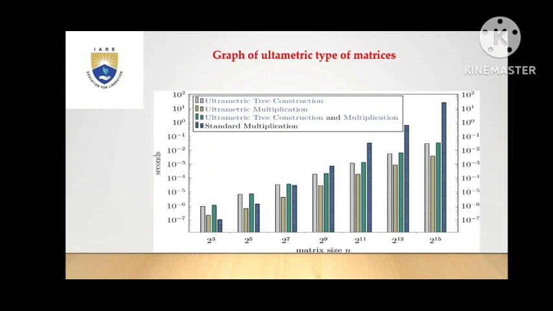And the seconds are from 10 to the power of minus 7, 10 to the power of minus 6, 10 to the power of minus 5, 10 to the power of minus 4, 10 to the power of minus 3, 10 to the power of minus 2, 10 to the power of minus 1, 10 to the power of 0, 10 to the power of 1 and 10 squared. In this, the boxes indicate: first one, ultrametric tree construction; second one, ultrametric multiplication; third one, ultrametric tree construction and multiplication; fourth is standard multiplication.